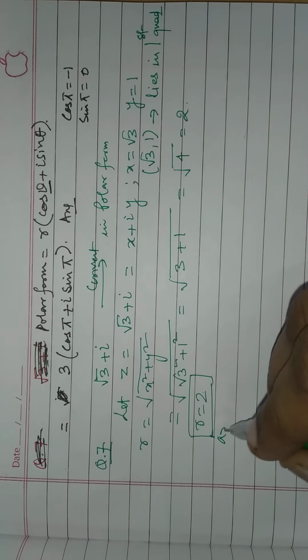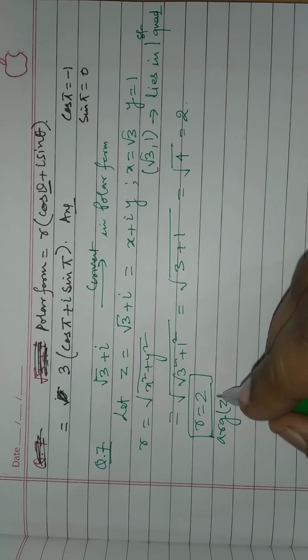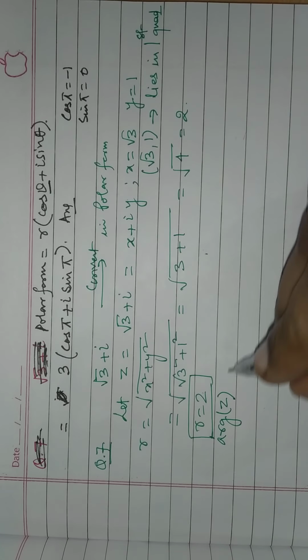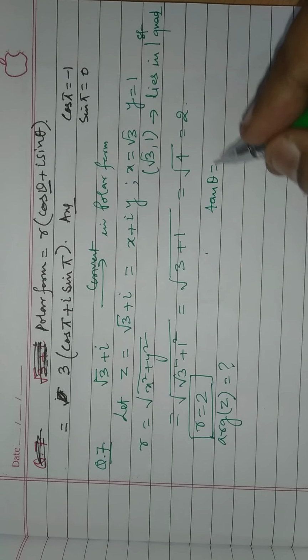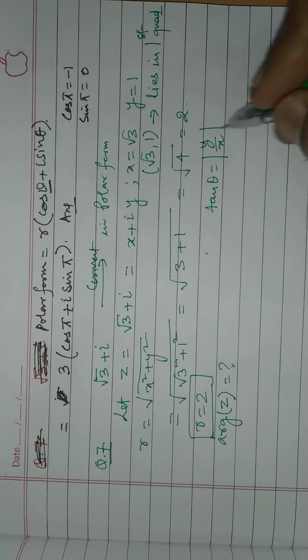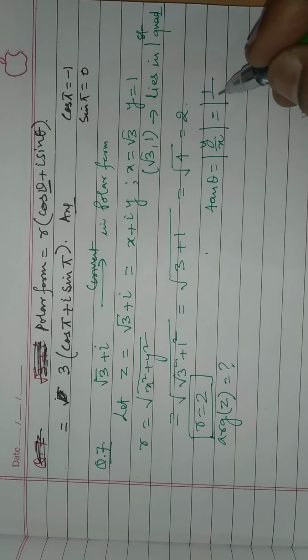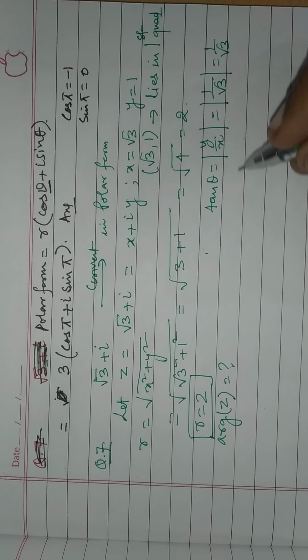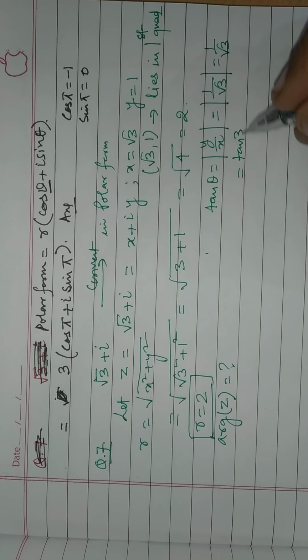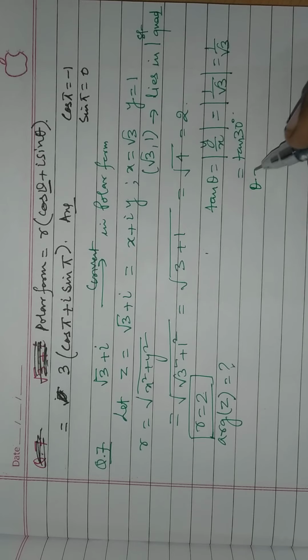Now the argument of z we have to find. So tan theta is equal to modulus of y by x. So modulus of y by x is 1 by root 3, and the modulus of 1 by root 3 is 1 by root 3. This is equal to tan 30 degree. So theta is equal to 30 degree.